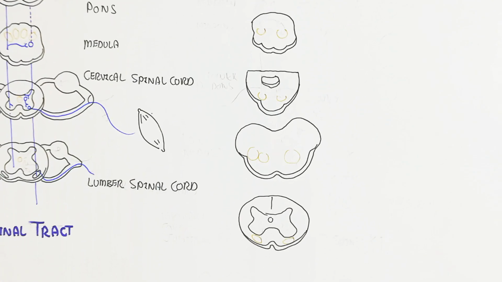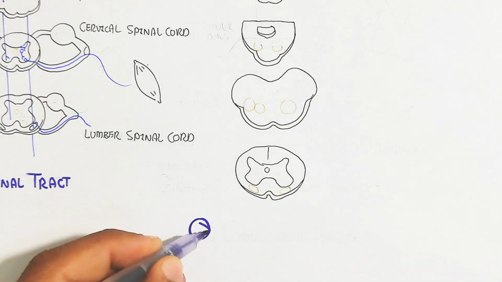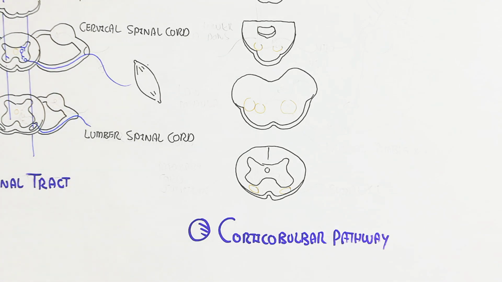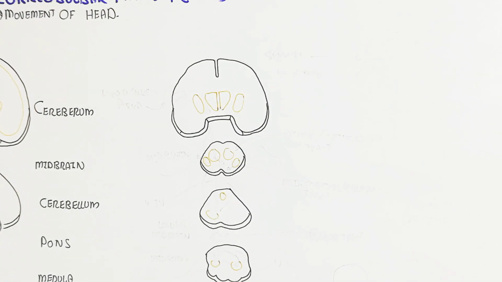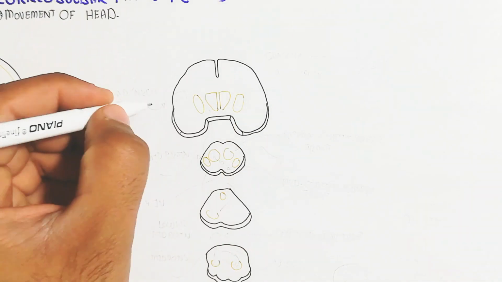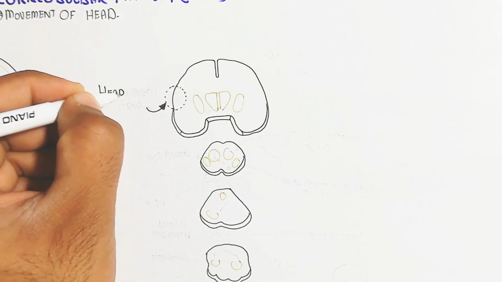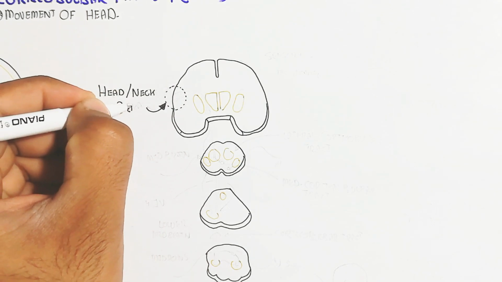Here I am drawing a picture, the cross section of the cerebral region of the brain. This is the corticobulbar pathway we will discuss now. It is used for the movement and control of the head. This is the head and neck area of the primary motor cortex.